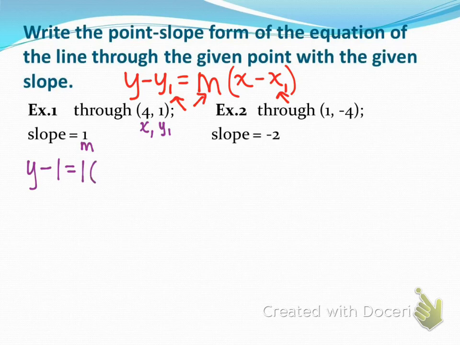And then in parentheses we would have x minus our x1, which is 4. Now on this one, if you were to leave out the 1 in front of the parentheses, it would be okay. But we'll leave it there just so we can see everything written in its place. And that's it. We just had to plug in x1, y1, and m to the right places.